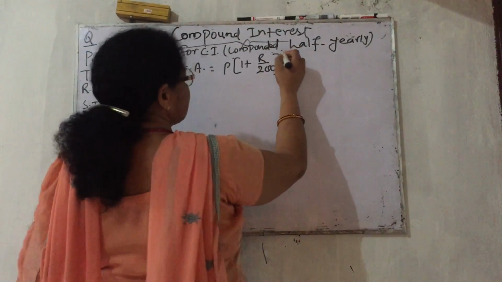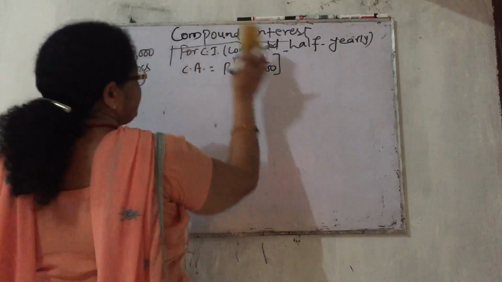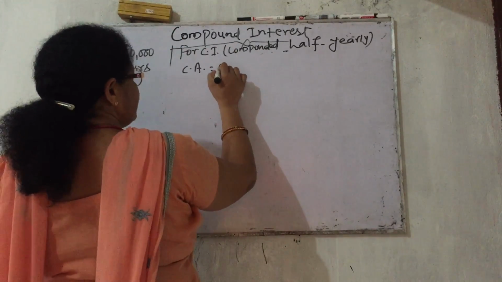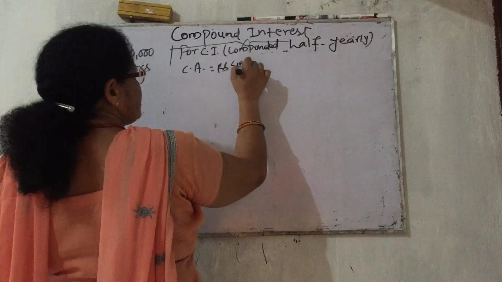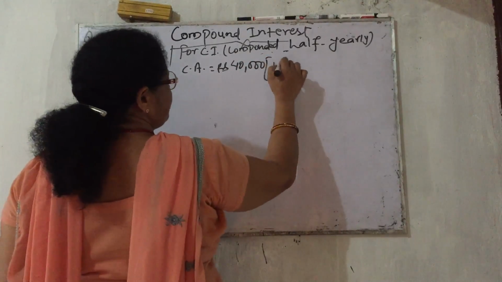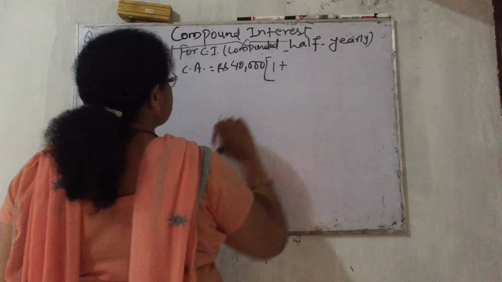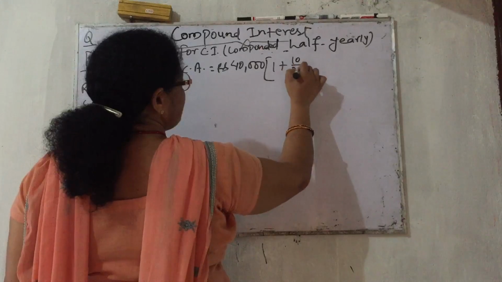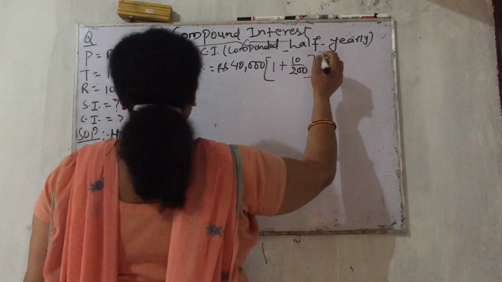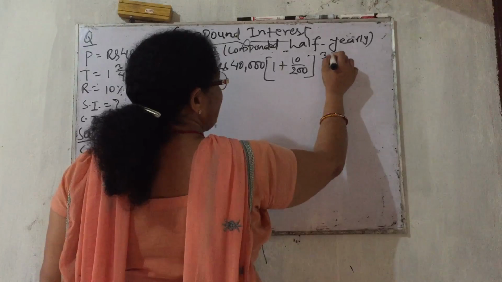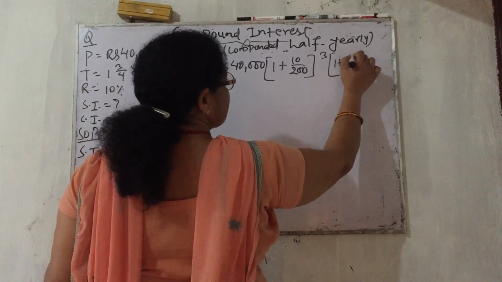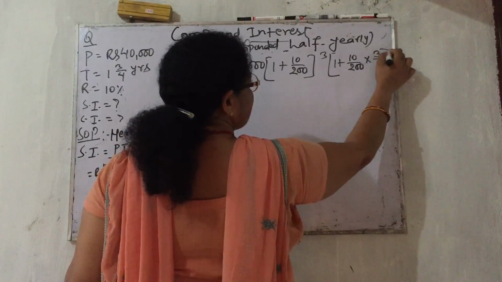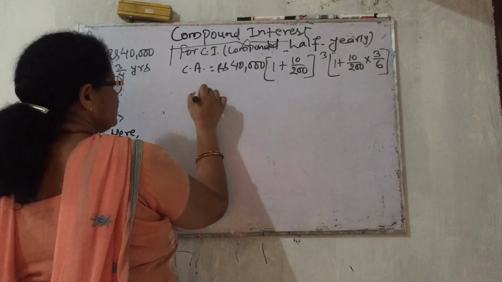Here I am going to put the values directly. P equal to rupees 40,000, 1 plus R by 200, that means 10 by 200, to the power 3, and again 1 plus 10 by 200 into the months, 3 by 6. Let's solve this.